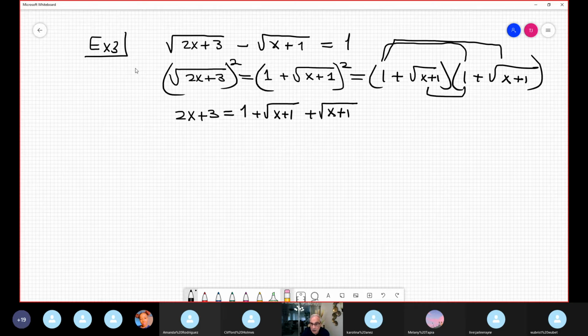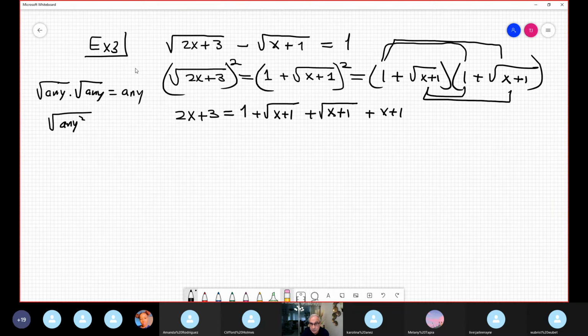And finally, the last, radical times radical: any expression under a radical times the same radical is the expression without radical, because actually it's the square root of any squared. The square power and the square root cancel out each other. And you get just x plus 1 without radical. Do you follow me? This idea?